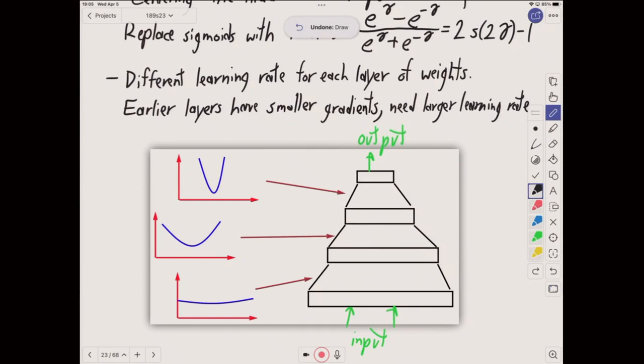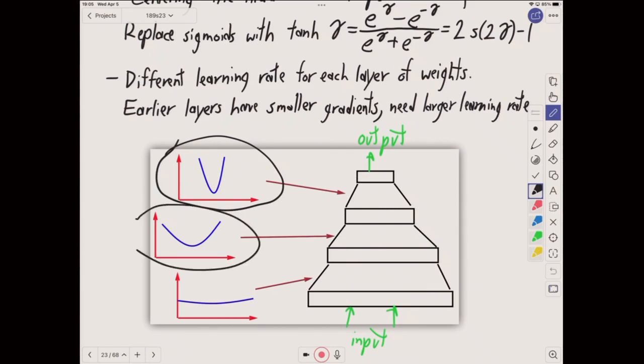And on the left, we see within each layer of weights, maybe the functions look like that, so their partial derivatives are really big. Here, they're not as big. Here, they're even smaller. As you backprop through the network, the derivatives get smaller and smaller.